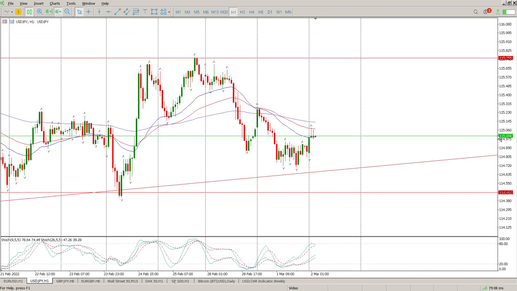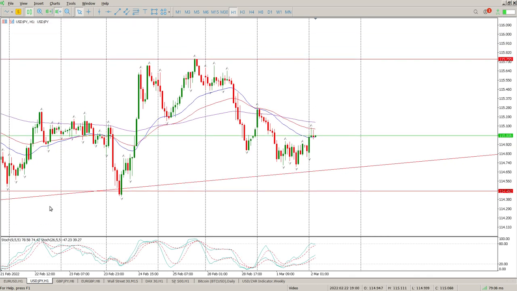So Euro USD is something I'm interested in, but US dollar Japanese yen, at the moment, I'm a little bit cautious. Could be a move here. I just need to wait for Europe to open, and if we start breaking below the structure, you've got a stop on the top of the structure, and you're looking for a short scalp down to 114.680.